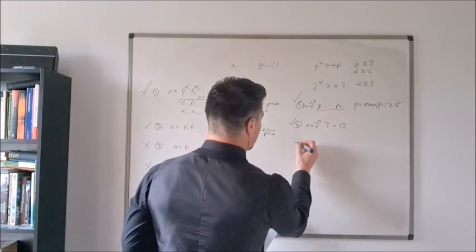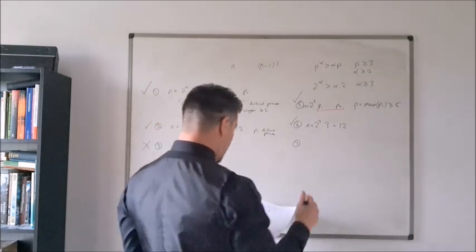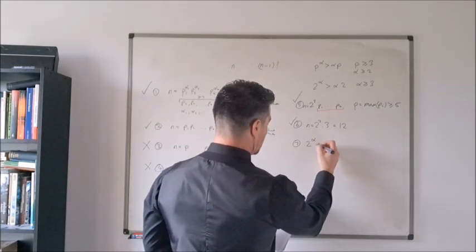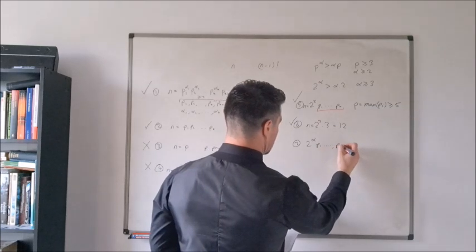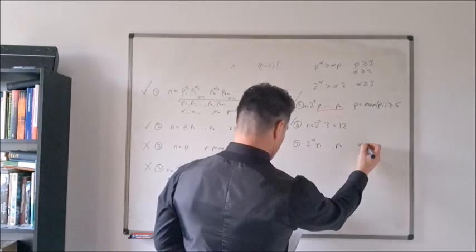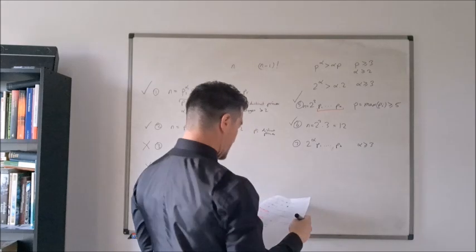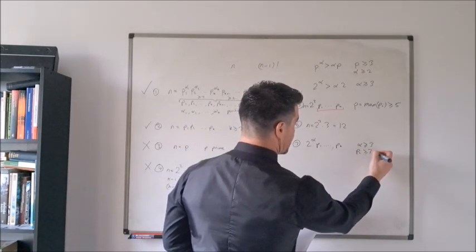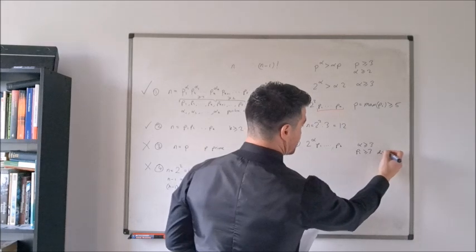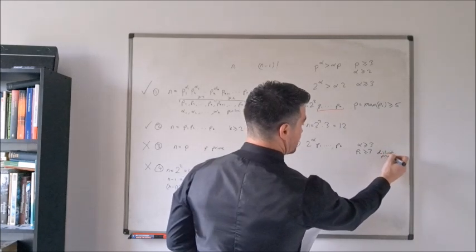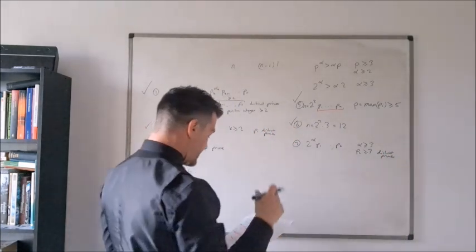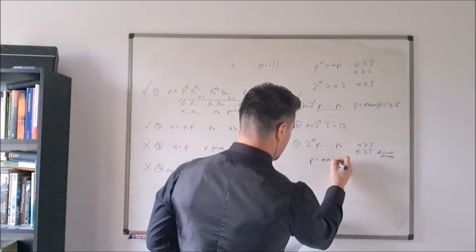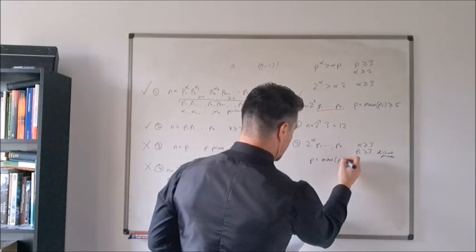So case number 7, we've got 2 to the power of alpha times p1 to pk, where alpha is greater than or equal to 3 and pi are greater than or equal to 3, all distinct primes. Okay, so in that case, again, we set p equal to the maximum of pi.